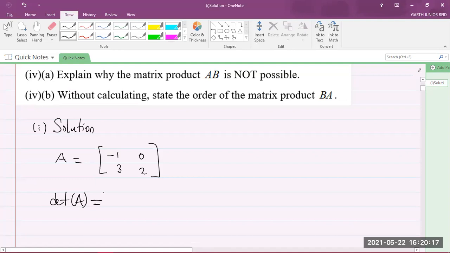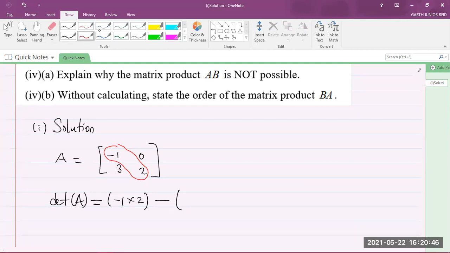So what we do is multiply the elements in the leading diagonal, or the main diagonal. Those are the elements in the main diagonal. So that will give us negative 1 multiplied by 2. And then we minus the elements in the anti-diagonal.